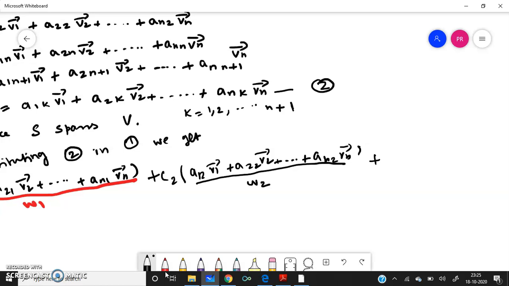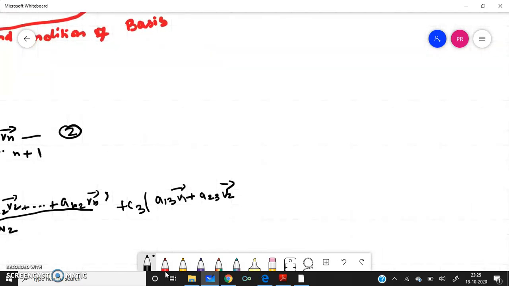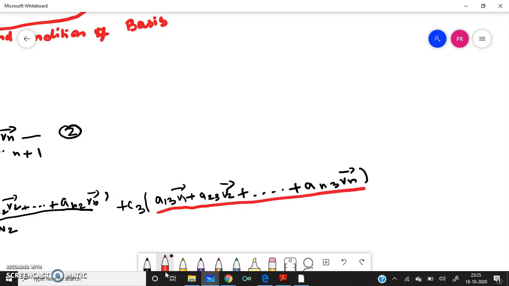Plus C3 into A13 V1 plus A23 V2 plus and so on plus An3 Vn. The whole thing is my W3.